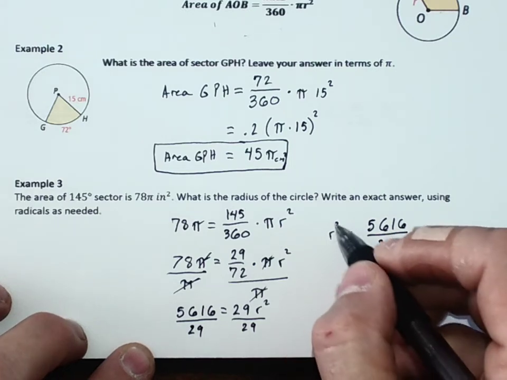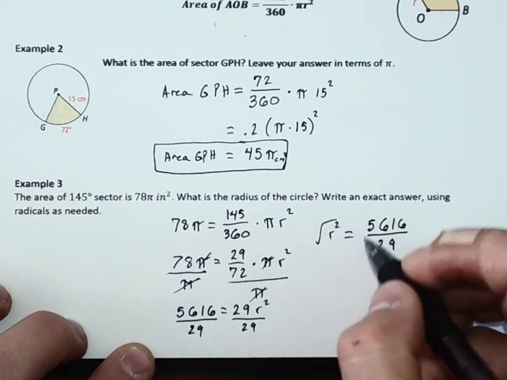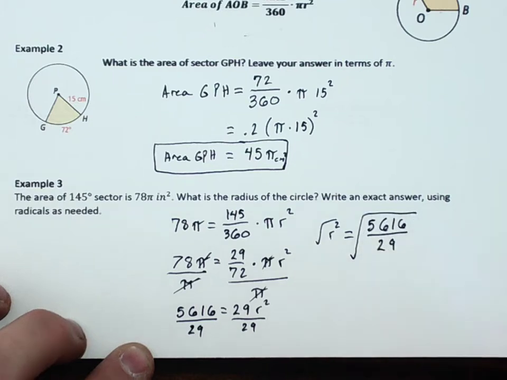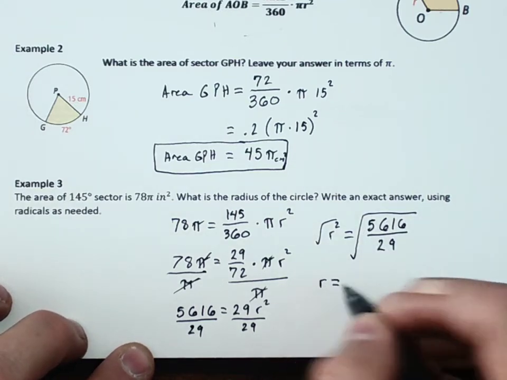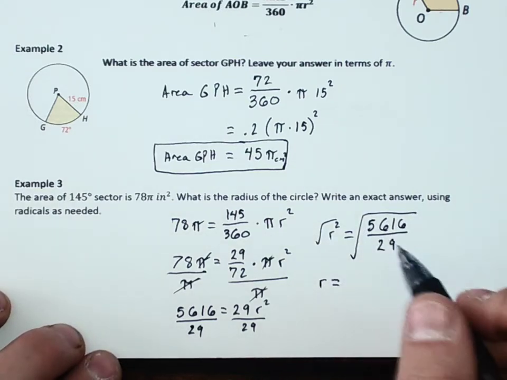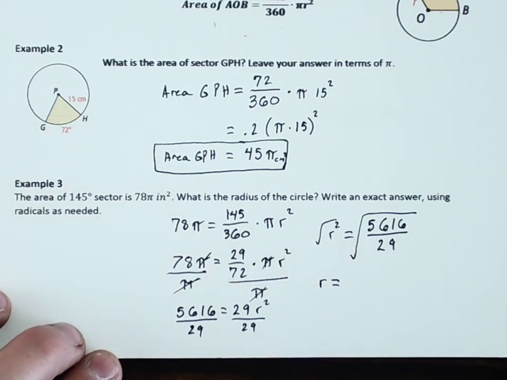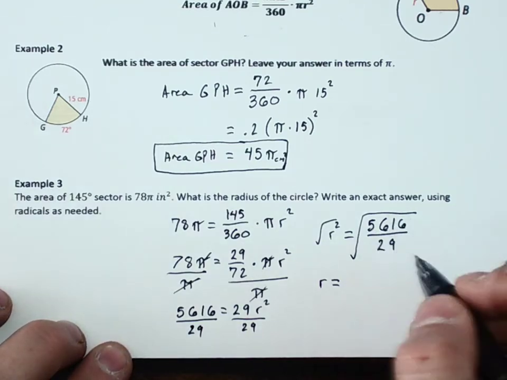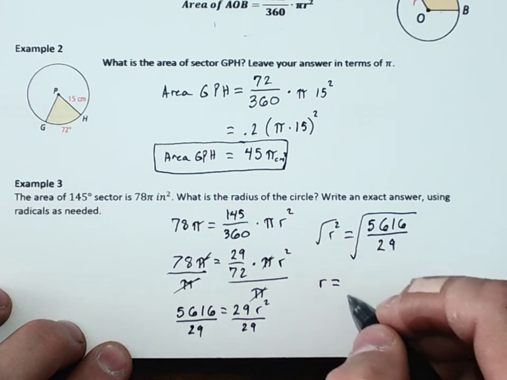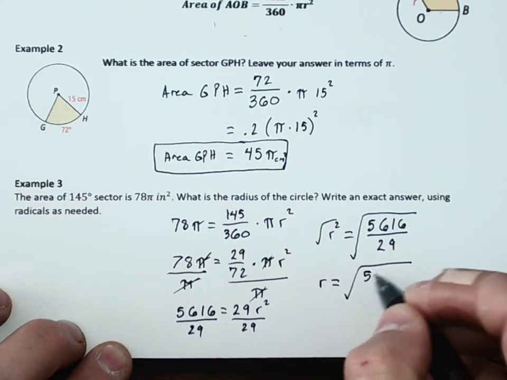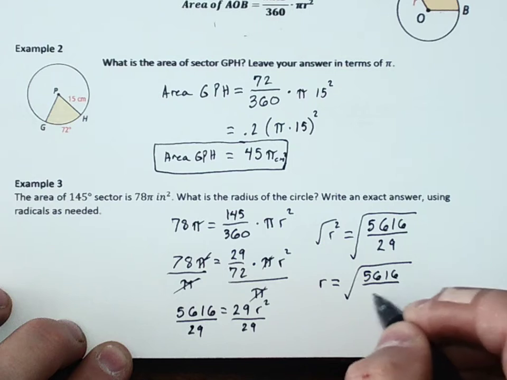And I'm going to undo the square by taking the square root of that whole thing. So the radius equals the square root of 5,616 over 29. That is the exact answer. It doesn't change.